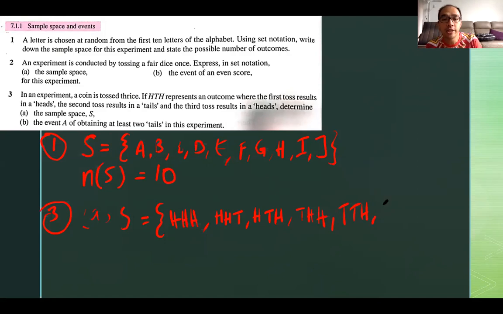HHH, HHT, HTH, THH, HTT, THT, all right. The last one is TTT. One, two, three, 4, 5, 6, 7, yeah, there's one more that is missing here.